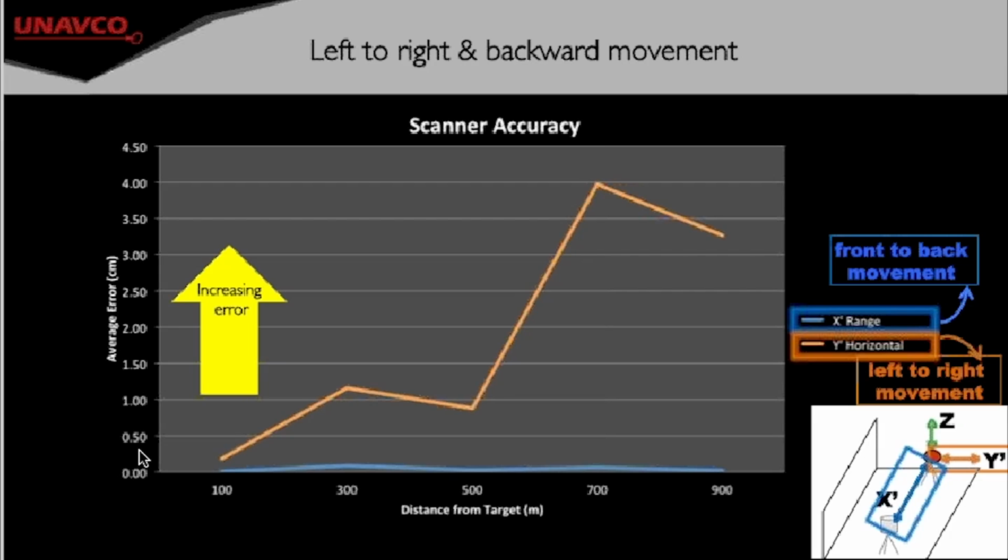Then we found the average for all 10 centimeters at each scan position. So this is the average distance that it was off from the 1 centimeter. At 700 meters, it was off by 4 centimeters, so the scanner saw it move 5 centimeters versus the 1 centimeter it actually moved. Right. Okay. I find this very disturbing.